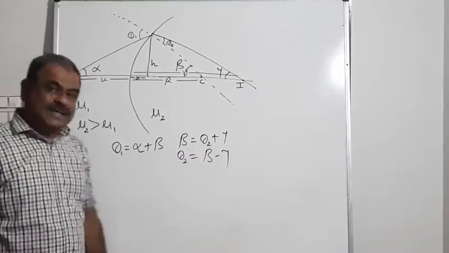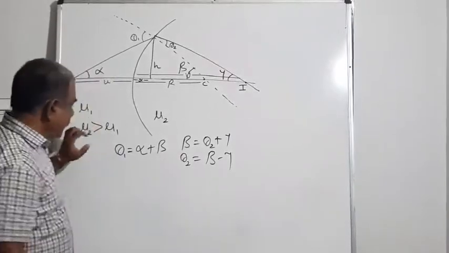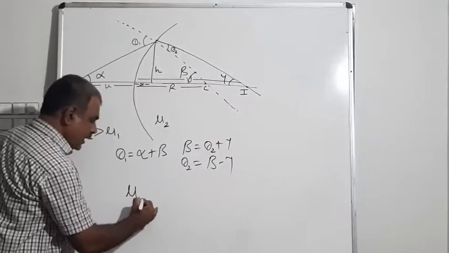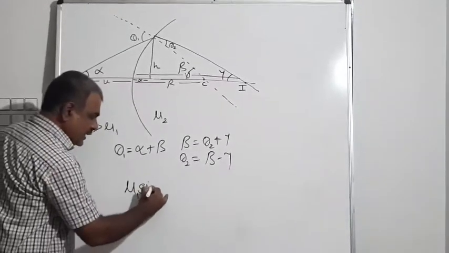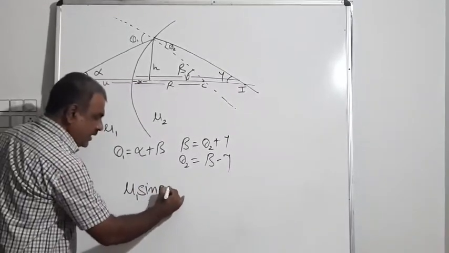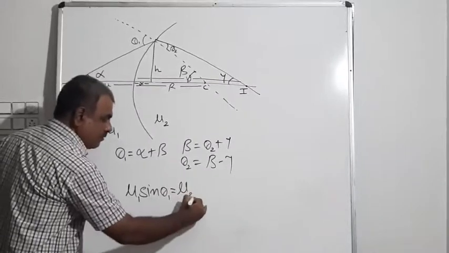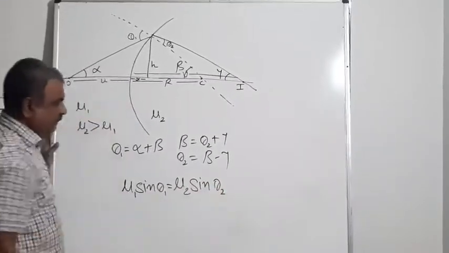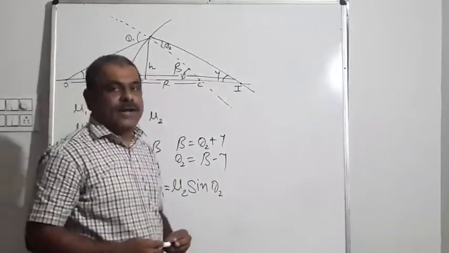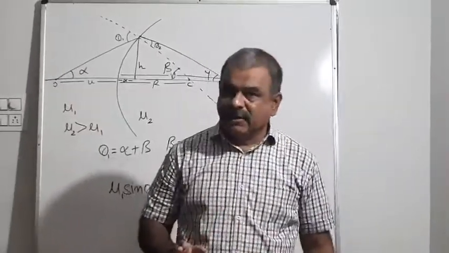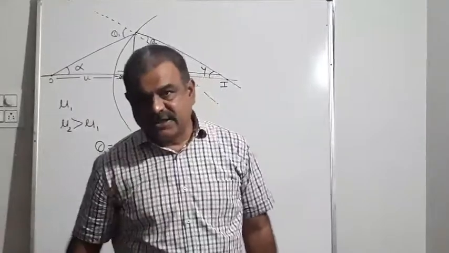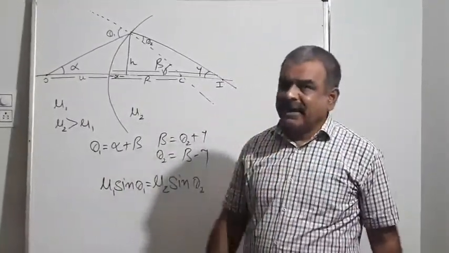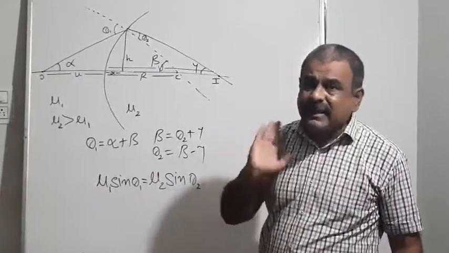Okay. At the same time, if we apply Snell's law, what do we have? mu1 sine theta 1 is equal to mu2 sine theta 2. But if the angle of incidence theta 1 is very small, then naturally the angle of refraction theta 2 will also be very small. And for small angles, sine theta can be replaced with theta.